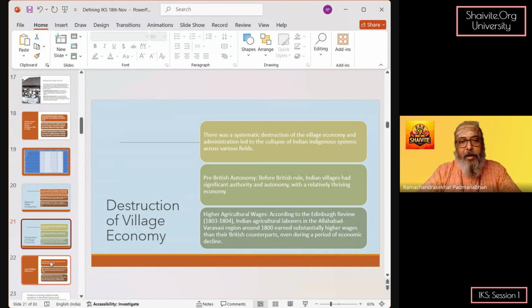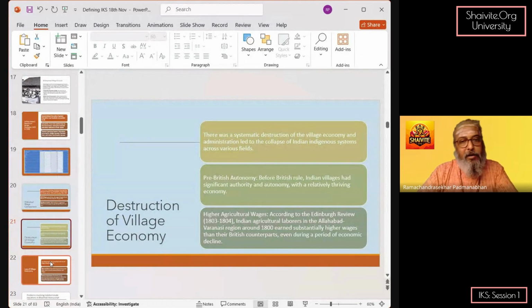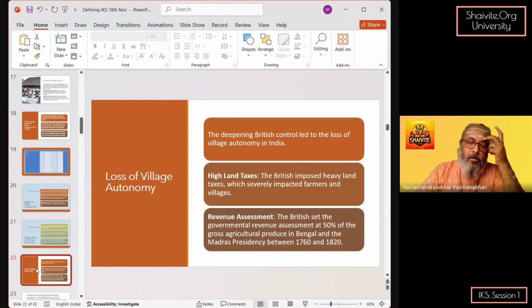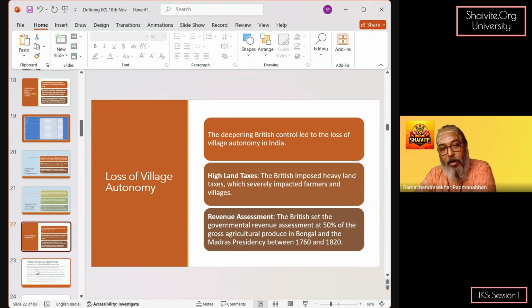We were made to believe in what they wanted us to believe. That's the most important thing. And this happened by the introduction of the Macaulay education policy in India. So what was localized became more centralized, including education. So they were able to dictate what we would learn.